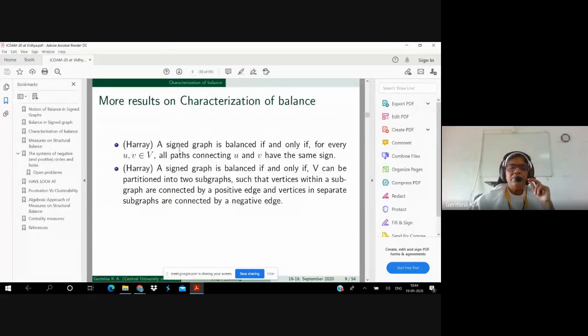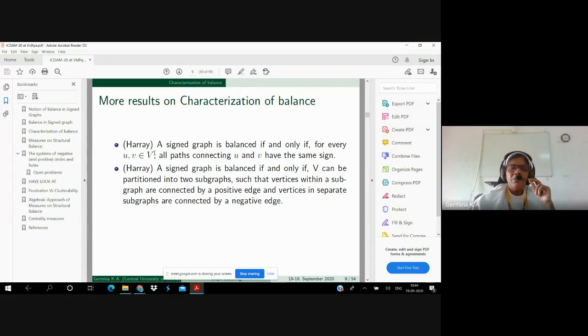Another characterization for balance is: a signed graph is balanced if and only if for every pair of vertices u and v in V, all paths connecting u and v have the same sign. You can take any pair of vertices u and v, then compute the paths between them. They should be of the same sign. Same sign in the sense that, suppose I have a path of length 5 and I get the product as negative.